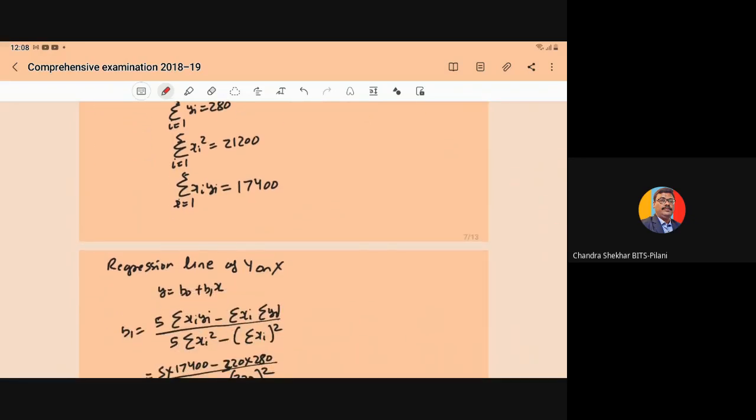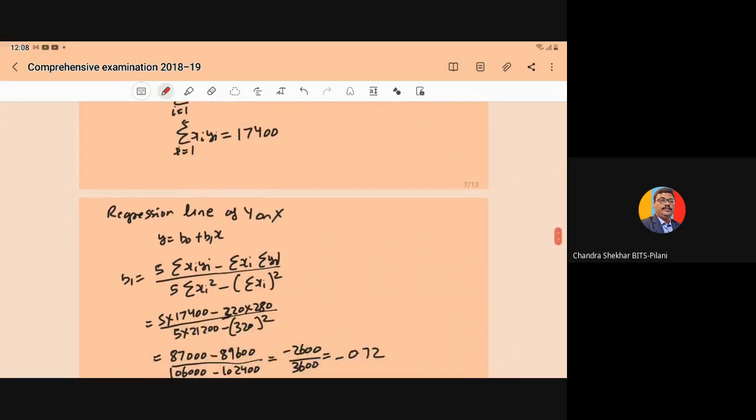So if you have to determine the regression line of y on x, it will take the form y is equal to b naught plus b1 x, where we have to compute the coefficients b naught and b1.